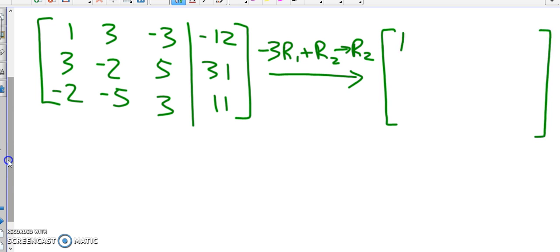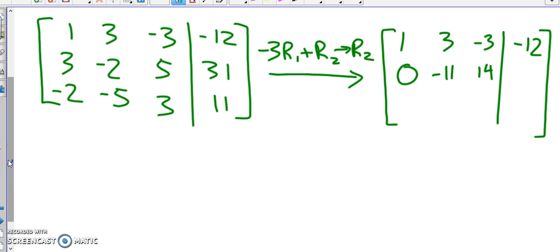So this is 1, 3, negative 3, negative 12. This would be 0. Next one would be negative 11. 14. And then 67. Is that 36 plus 31?